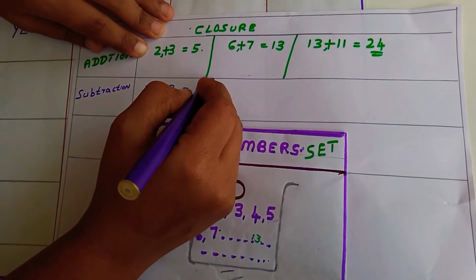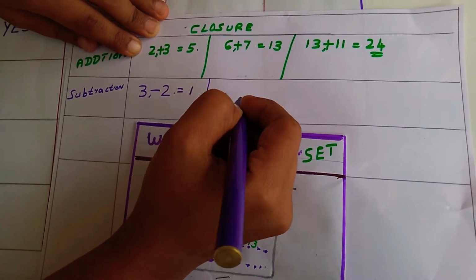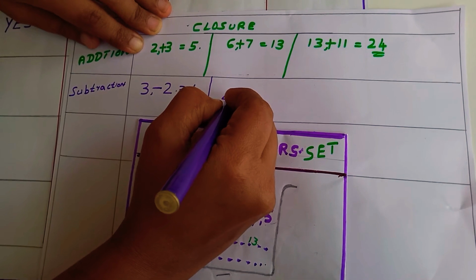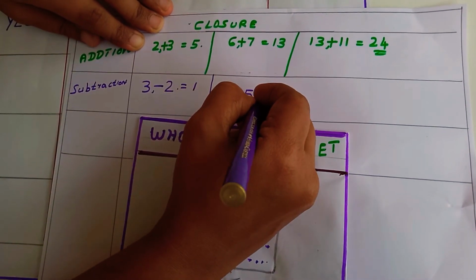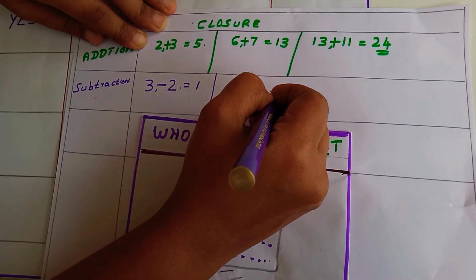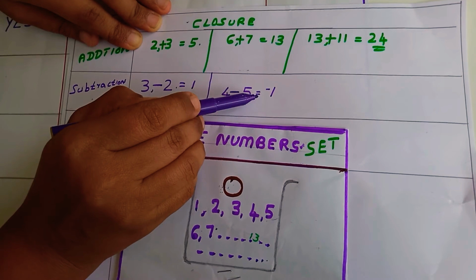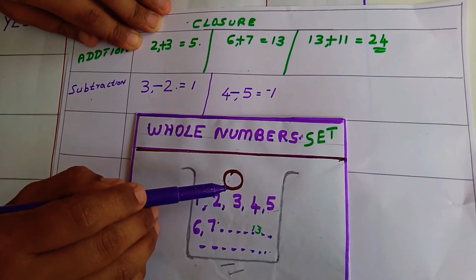Next I am taking 4 and 5. I am finding the difference, that means 4 minus 5. Its answer is minus 1. You are not that familiar with negative numbers. Anyway, that answer is not there in this whole number set.